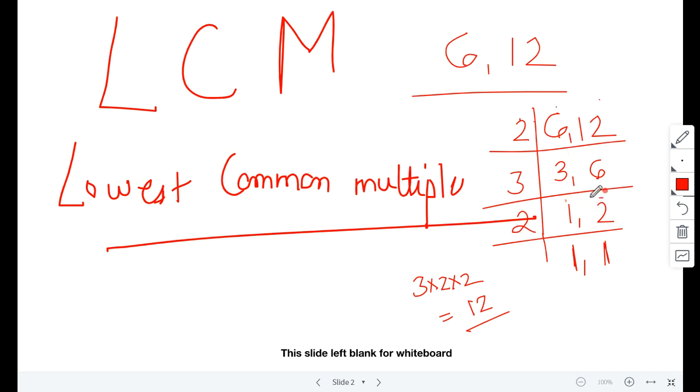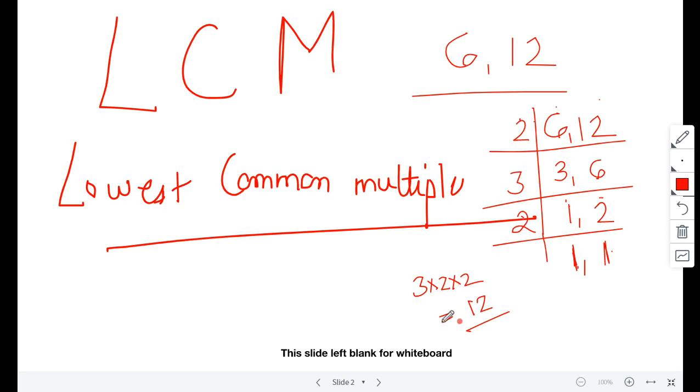So individually take that number which you can divide. So for example 2, write 2 here, 2 divided by 2 is 1, and you can't divide this, so it remains 1. So 3 times 2 times 2, 12 will be the LCM. Is it clear or do you want me to repeat this?